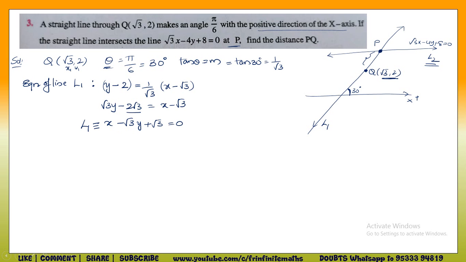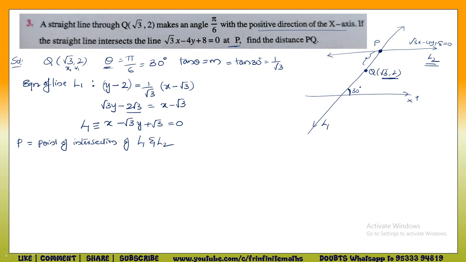Now to find the point P. What is point P here? Point P is nothing but the point of intersection of lines L1 and L2. We already know how to find the point of intersection of L1 and L2.